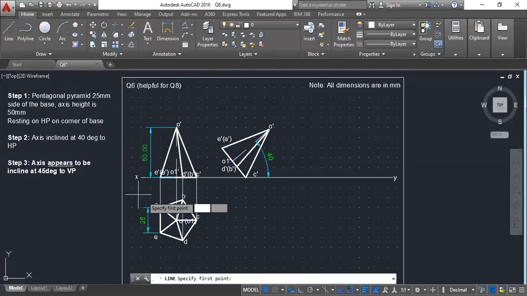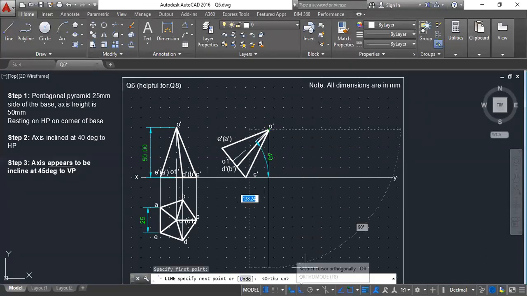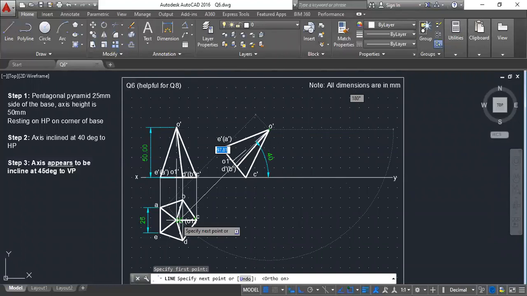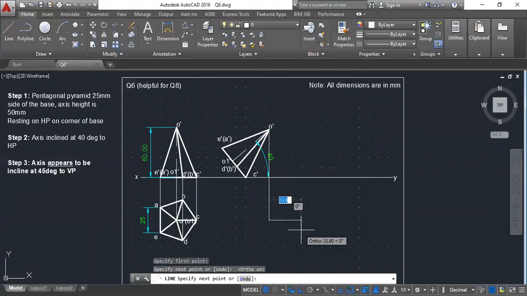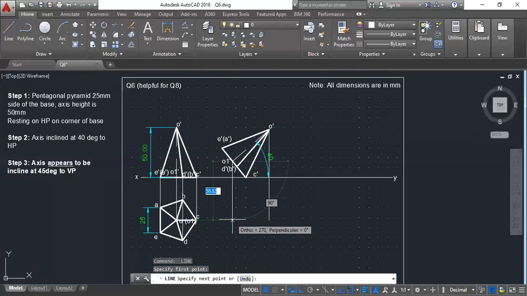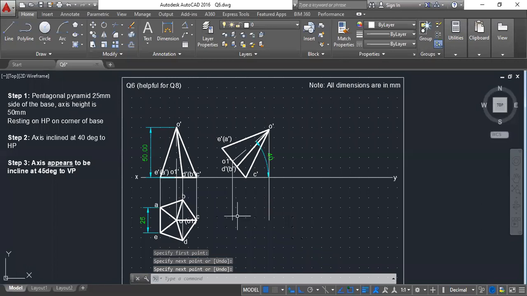Once we are done with this, the next step is from O, draw lines here. That will be your new O. Do the same for O1 also. That will be O1.